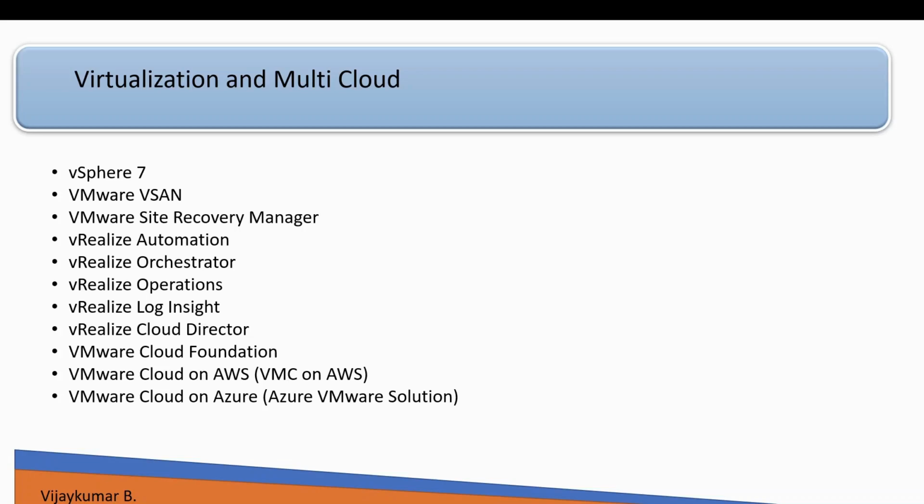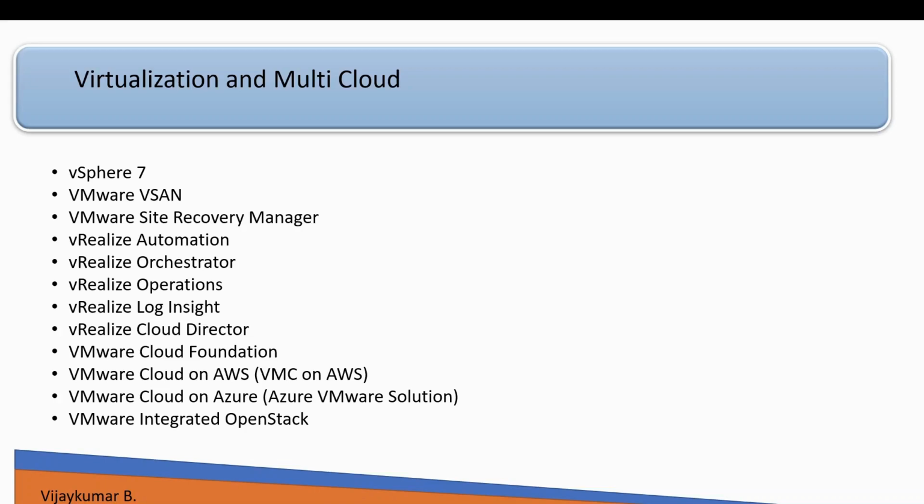I've just not included another product, VMware Cloud on GCP, which is a similar solution. I just missed adding it, and it is also available right now. VMware has also announced a VMware Cloud solution on Oracle Cloud as well.